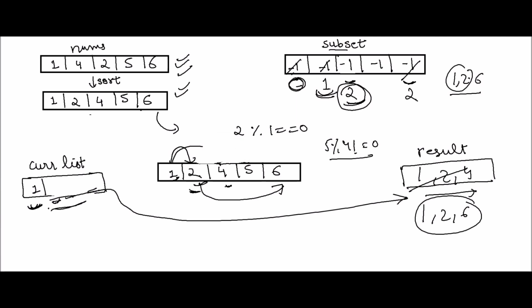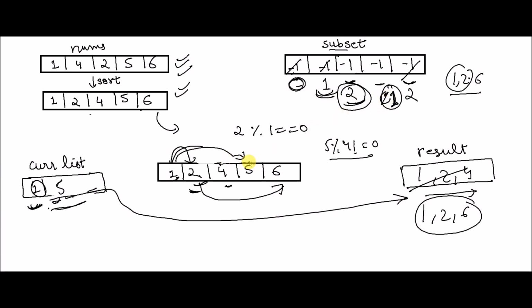So we can't go to 4, so I will try 5. Can we go to 5? Yes, with 1 as the previous element, 1 divides 5, and also 5 is not visited yet. So what value will I write here? I'll write 1 here, because 5 is now a part of a list that has a length of 1.